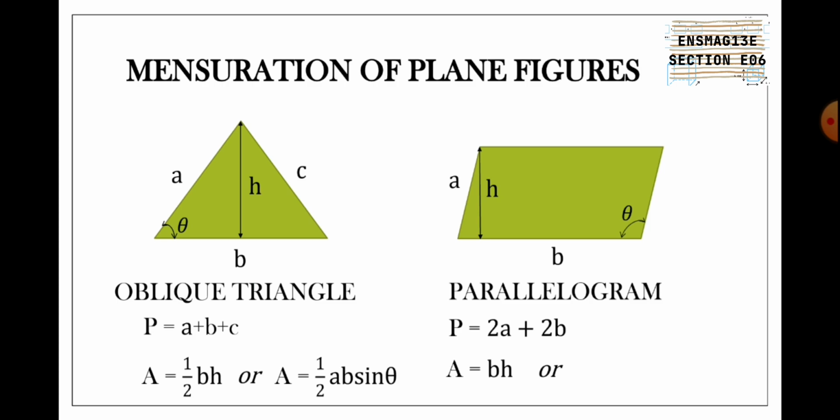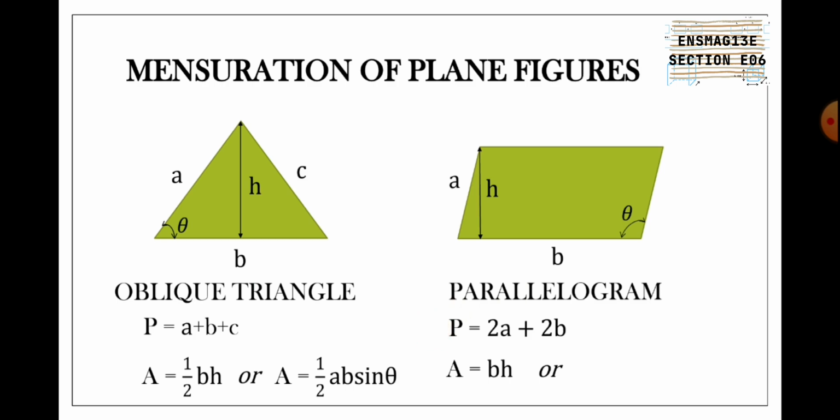So, for the perimeter of your parallelogram, again, we just have to add the two pairs of parallel sides. So, if this is A, this side, the parallel to it, is also A. If this is B, the side parallel to it is also B, giving us the formula for our perimeter equal to 2A plus 2B.